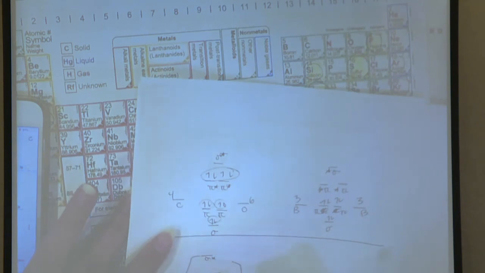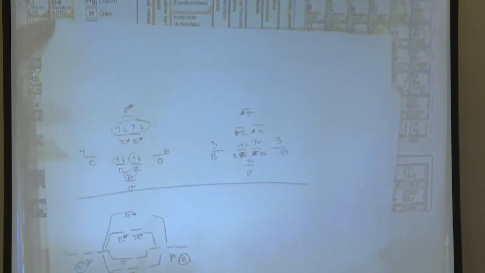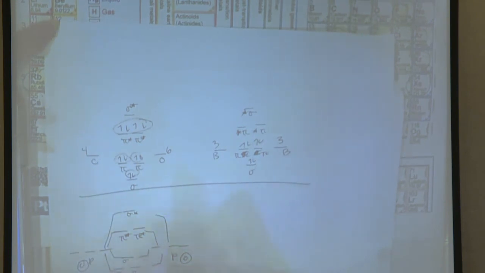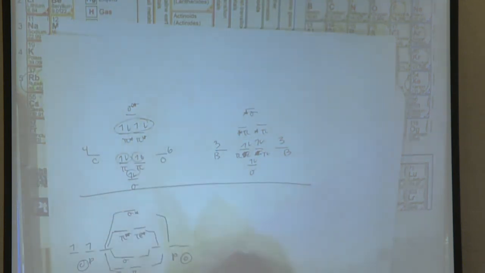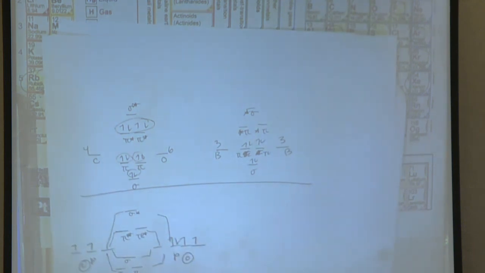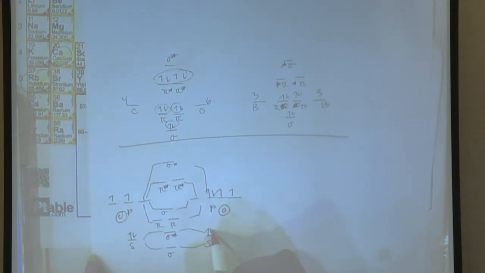If we look at something like CO, we put C on this side and O on this side. Carbon has 2 electrons in its s orbitals and 2 electrons in its p orbitals, whereas oxygen has 2 in its s and 4 in its p.